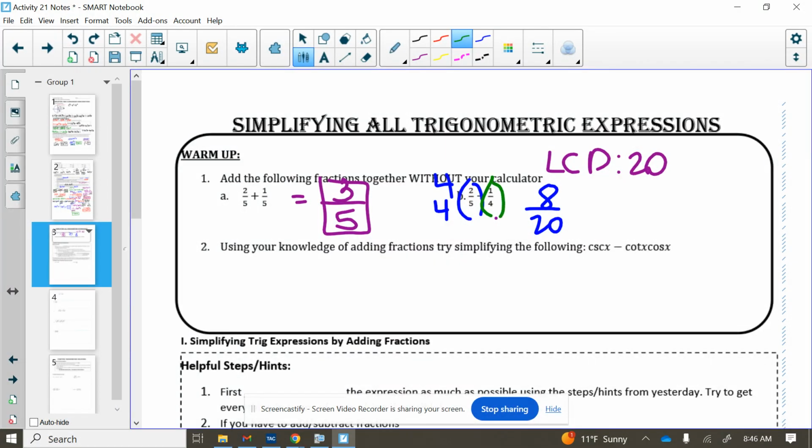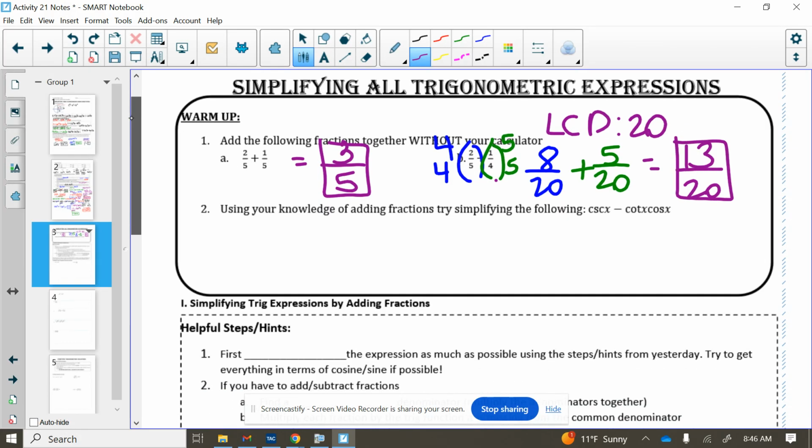And then same idea with the second part, we would need to turn 4 into 20 by multiplying it by 5. What we do to the numerator, we must do to the denominator and vice versa. So in this case, it would become 5 over 20. And now similar to the first part, now that we have that common denominator of 20, we can rewrite it as a singular fraction. 8 plus 5 is 13/20.